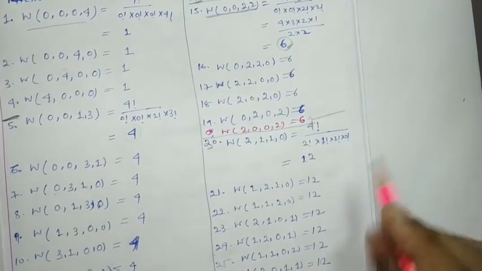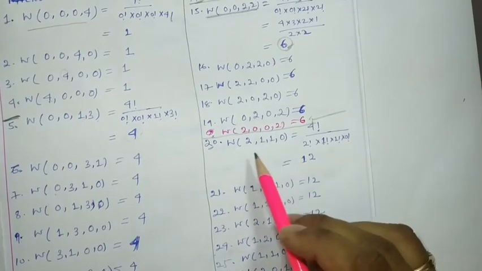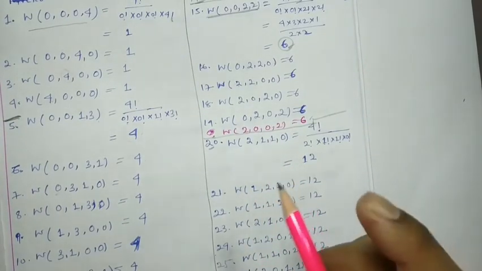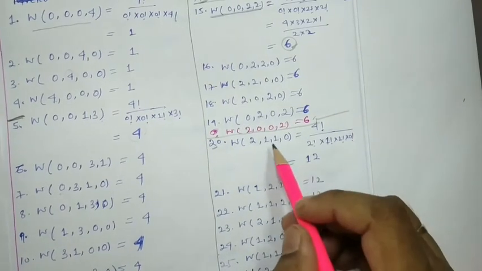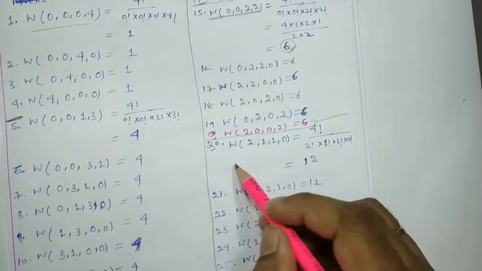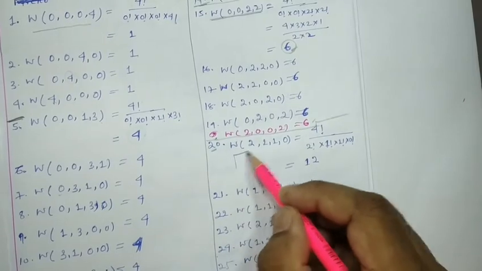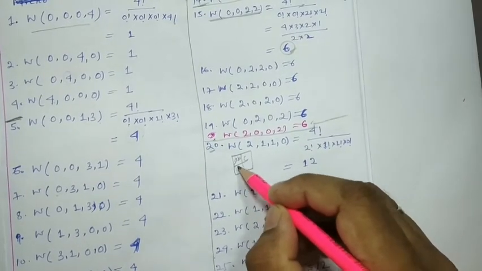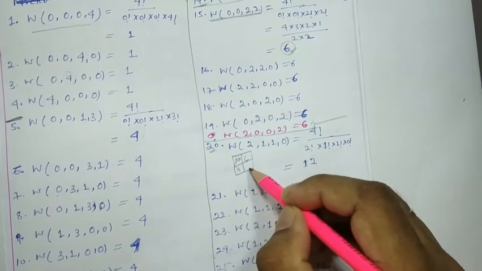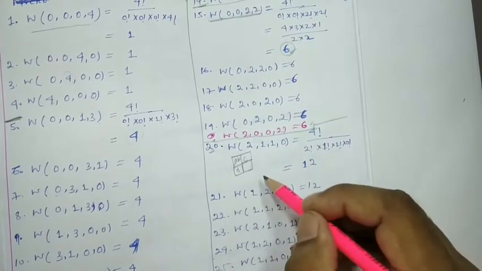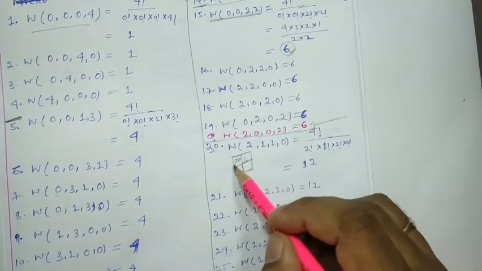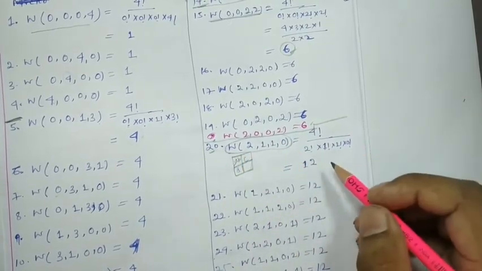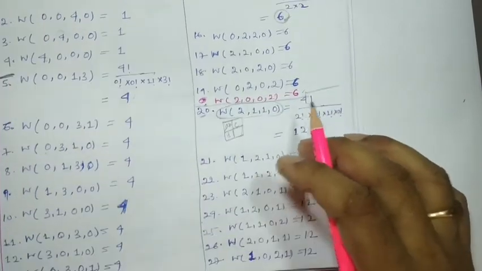Then we have to consider the 2110 type of arrangement. One compartment is filled by 2 particles, and two others are filled by 1 each, and another will be vacant. Suppose here A, B, C, D, this one will be vacant. How many macrostates of this type are possible?